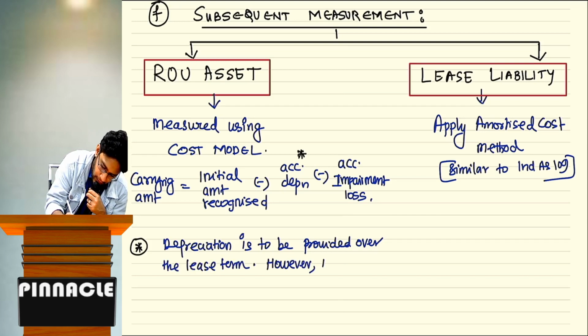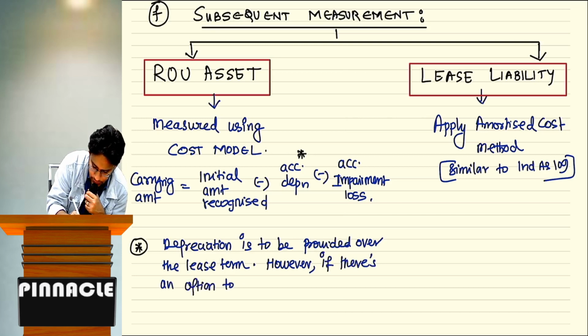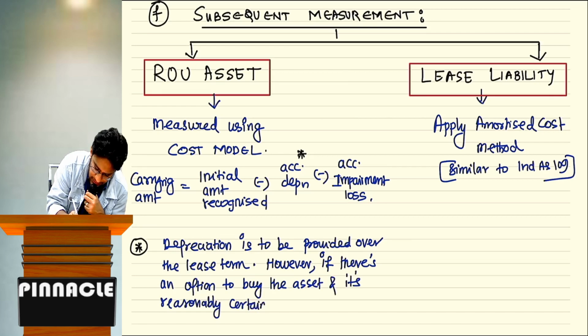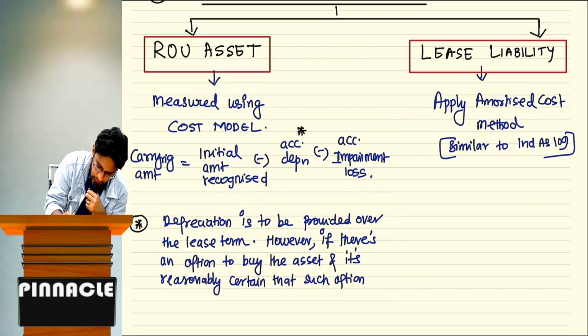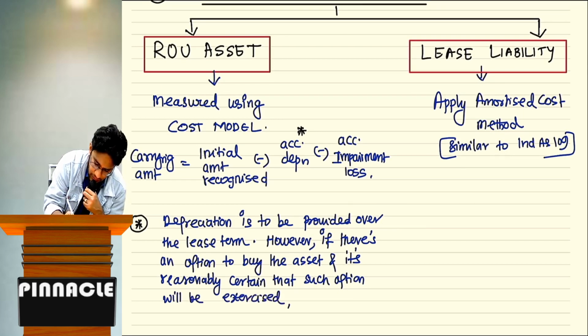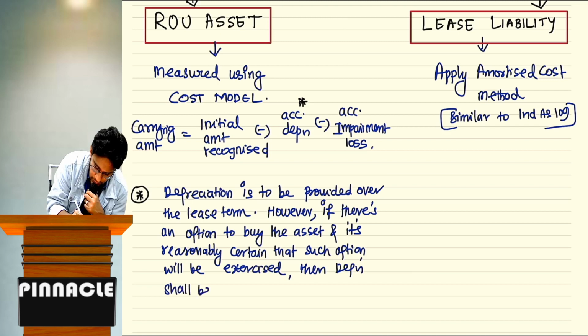However, if there is an option to buy the asset and it is reasonably certain that such option will be exercised, then depreciation shall be provided over the life of the asset.